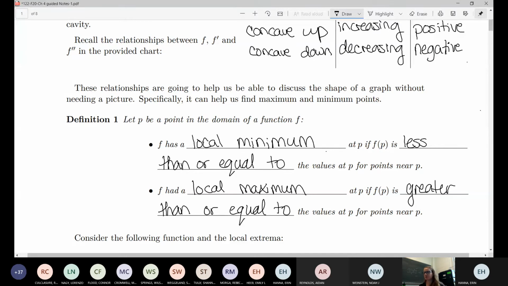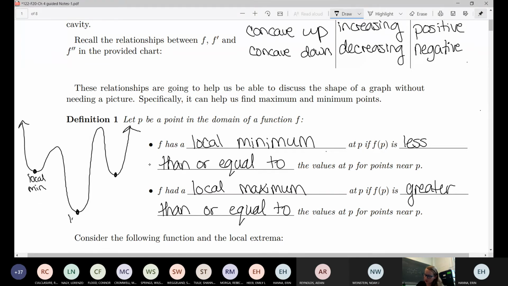So, hold on a second. So we have a function that looks like, you know what, let's add an extra curve there. There we go. So we have a function that looks like that. Essentially these 3 points here would be local mins.